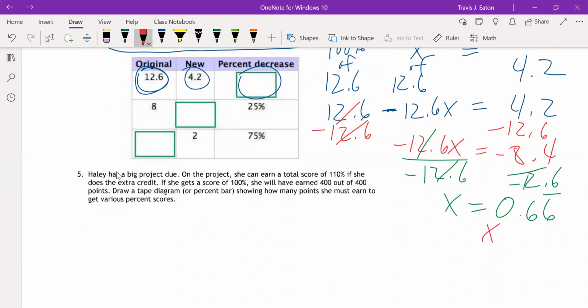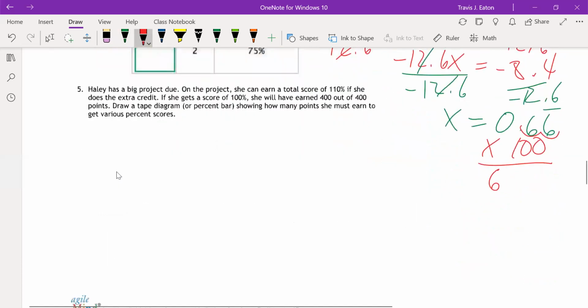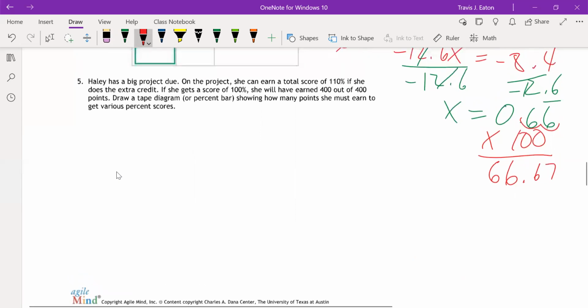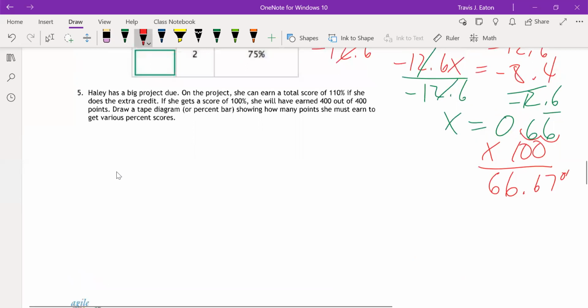So we multiply that times 100, which means we move the decimal over 2 places to the right, which would be 66.67%, depending on how many places you want to go.